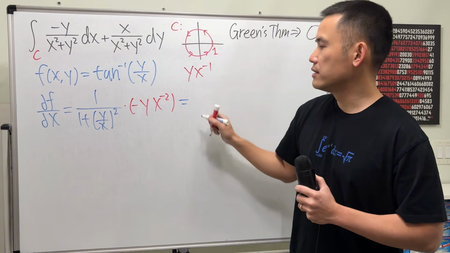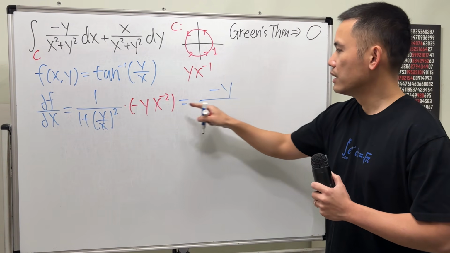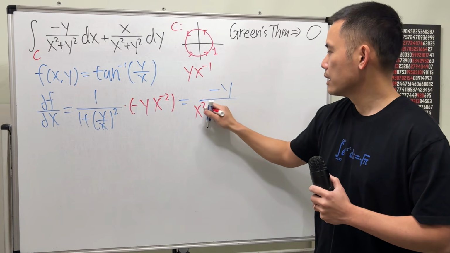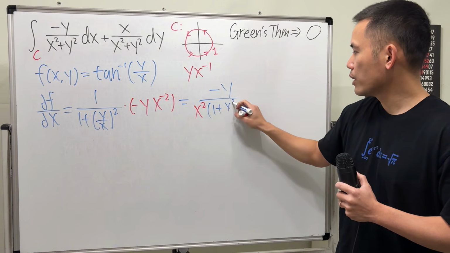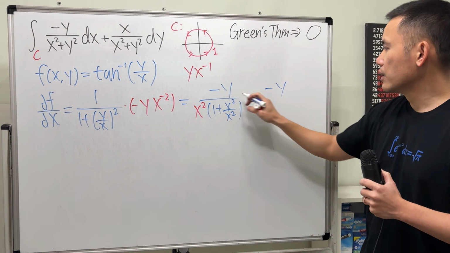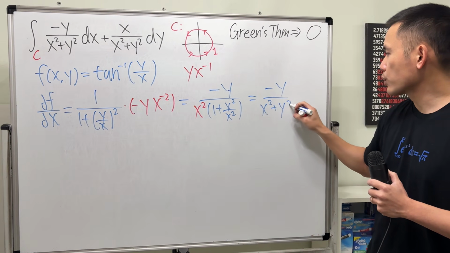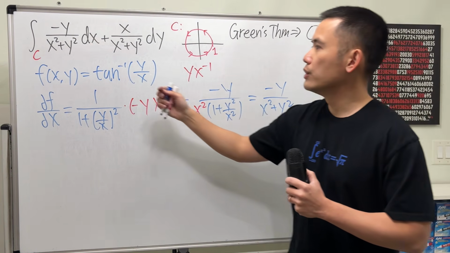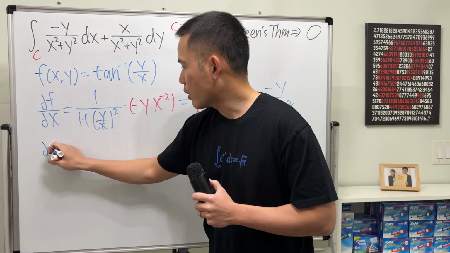And then I'm going to fix this a little bit. Negative y to the top, over this on the bottom, and then square that, so we get y squared over x squared. Distribute the x squared, we get negative y over x squared plus y squared, which is this right here. Very nice.